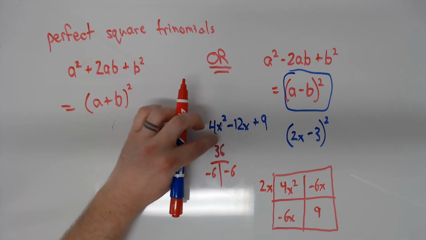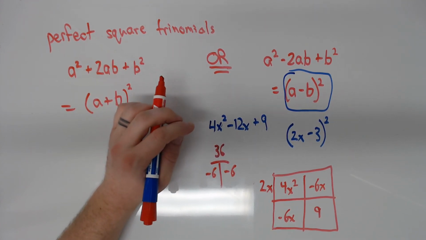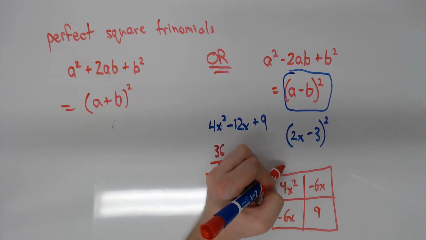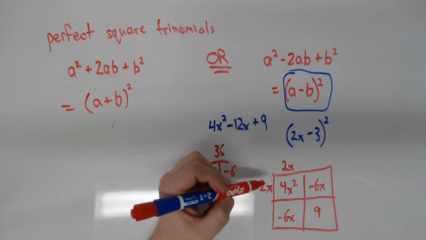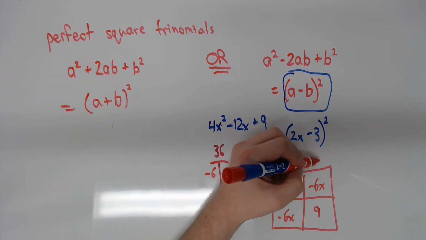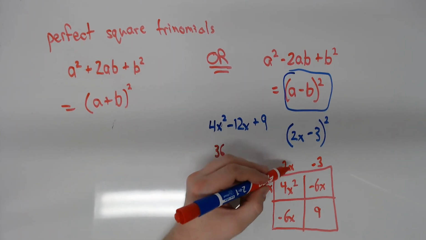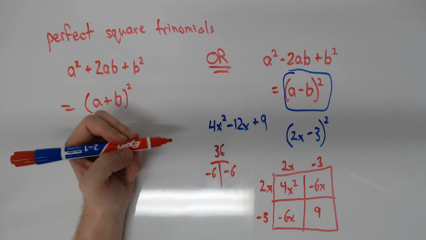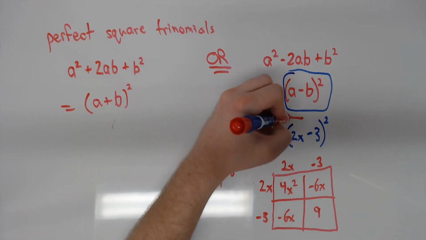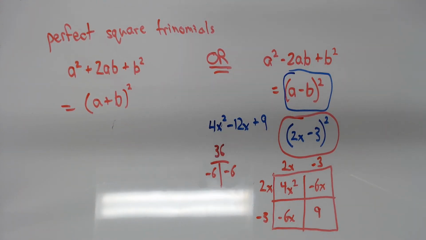Heck, if they were both negative, I'd probably divide out a negative at the start of the problem. So 2x, this also has to be 2x then, 2 times 2 and x times x. 2x times a negative 3 would get negative 6, and 2x times negative 3 would get this negative 6. Negative 3 times negative 3 is positive 9. And we're right back there. So any way you do it, it works out.